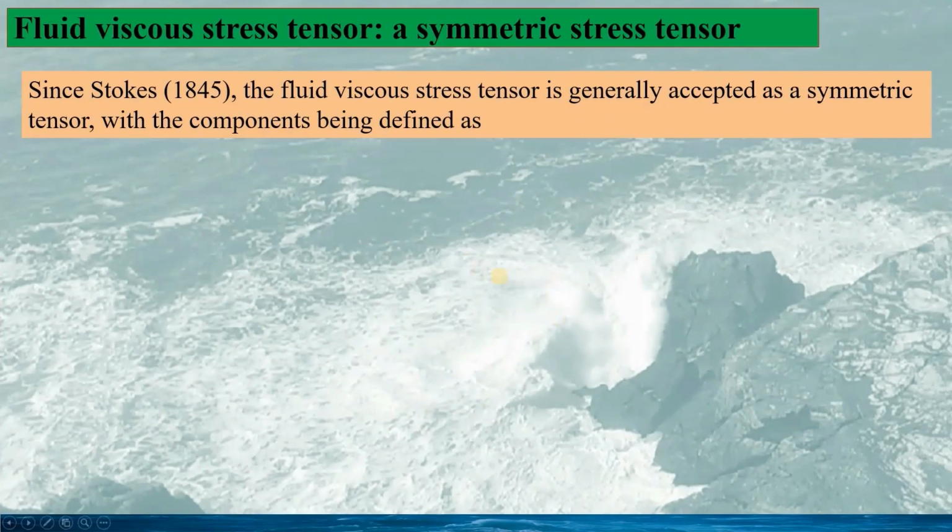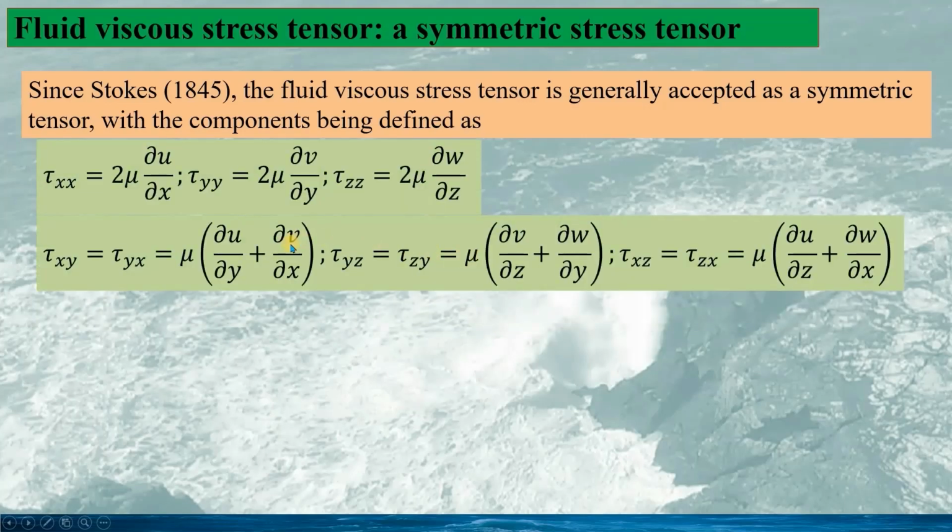Since Stokes, the fluid viscous stress tensor is generally accepted as a symmetric tensor, and the components of the viscous stress tensor are defined as tau xx given as this, and tau yy as this, and tau zz given as this, and tau xy equaling tau yx would be given as this expression.